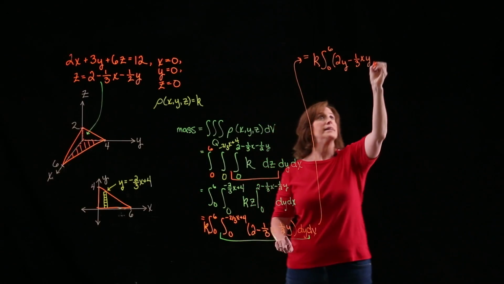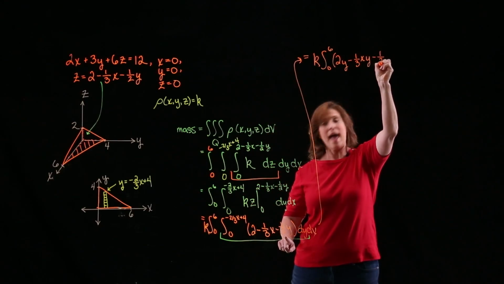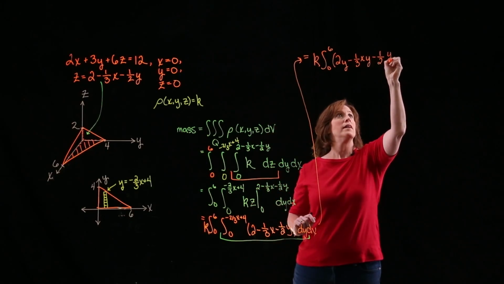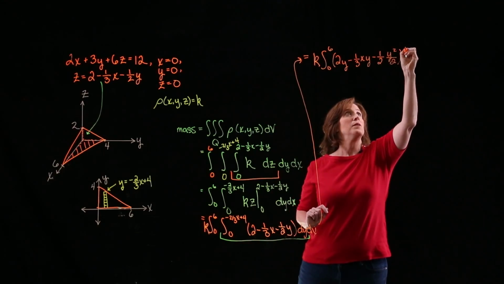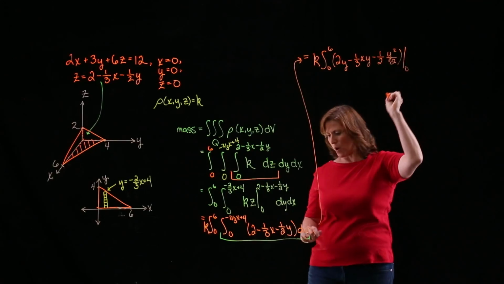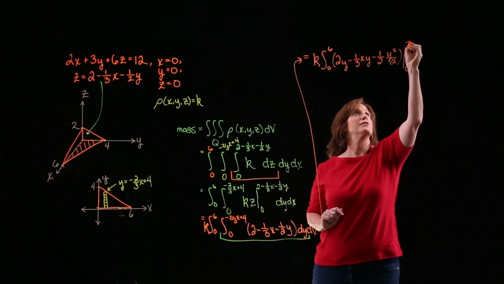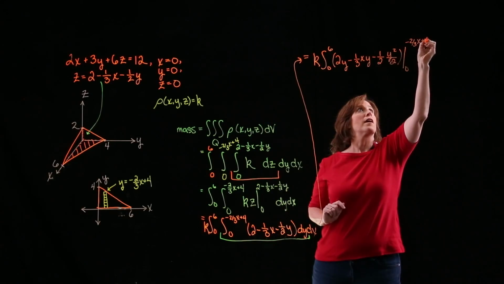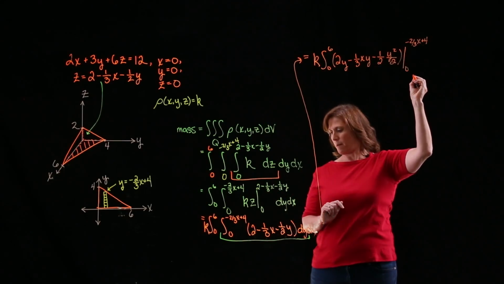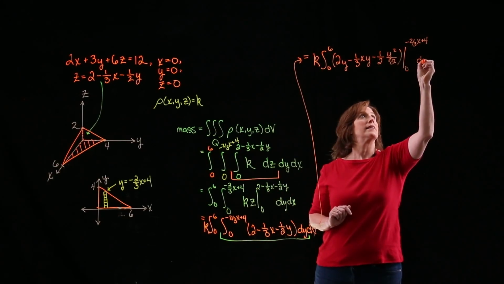And now a minus 1/2 y squared divided by 2. And that's going to be evaluated from 0 to minus 2/3 x plus 4. And I still have my dx.